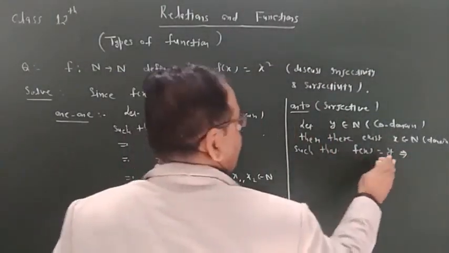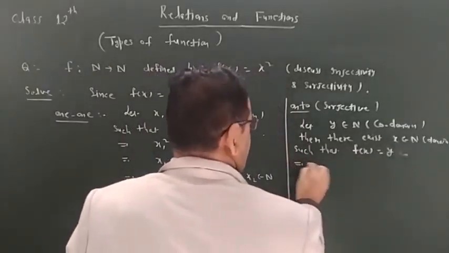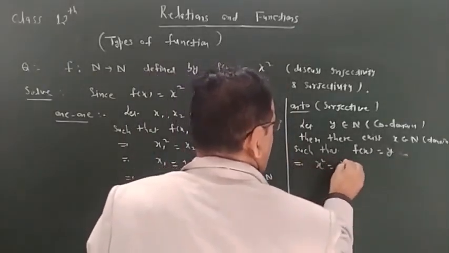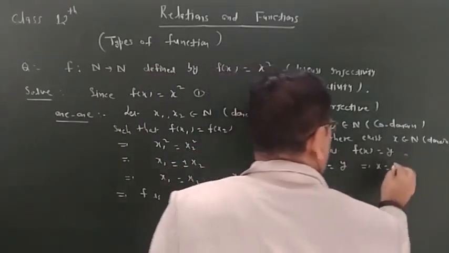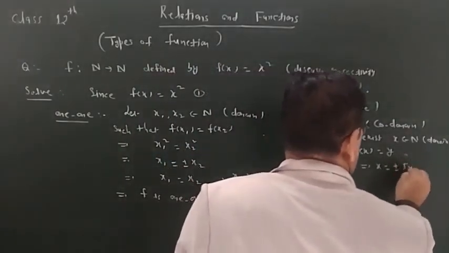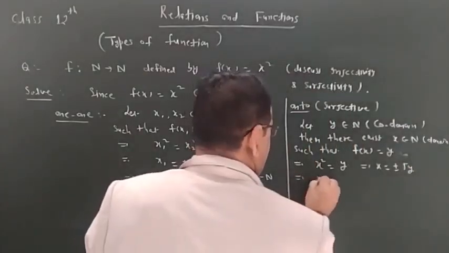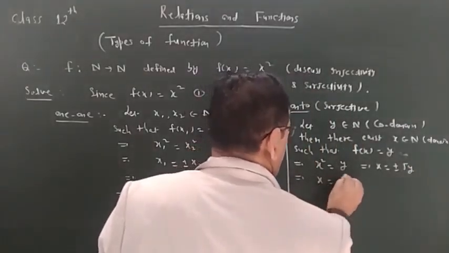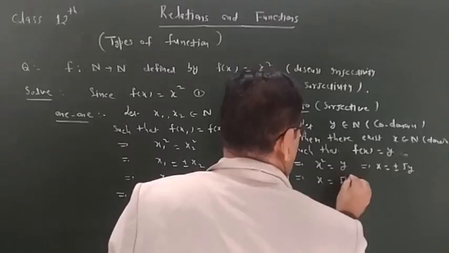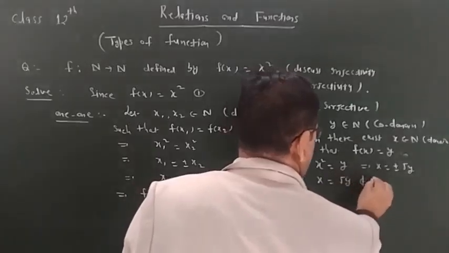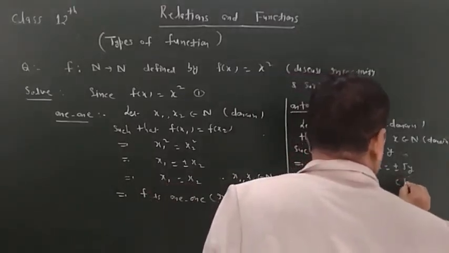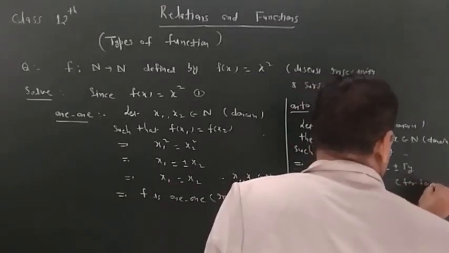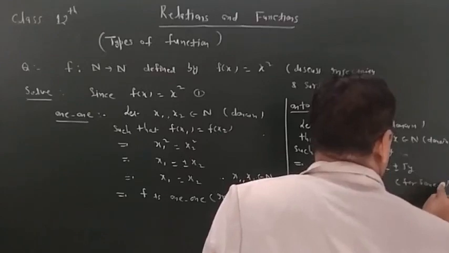But f(x) is x square, so x square equals y, x equals plus minus root y, and x equals root y does not belong to N for some y.